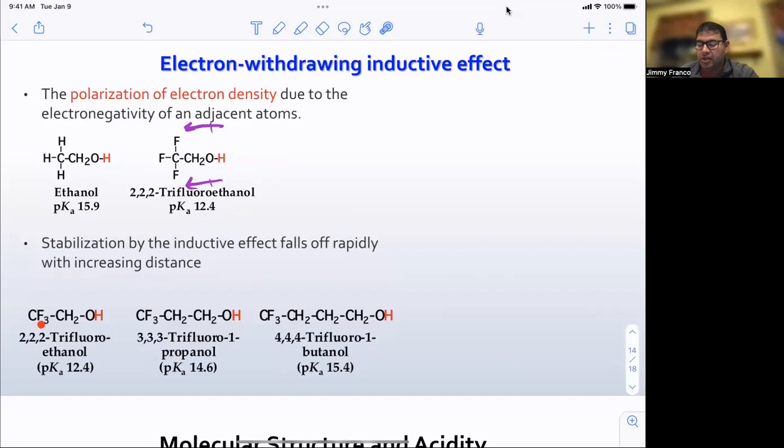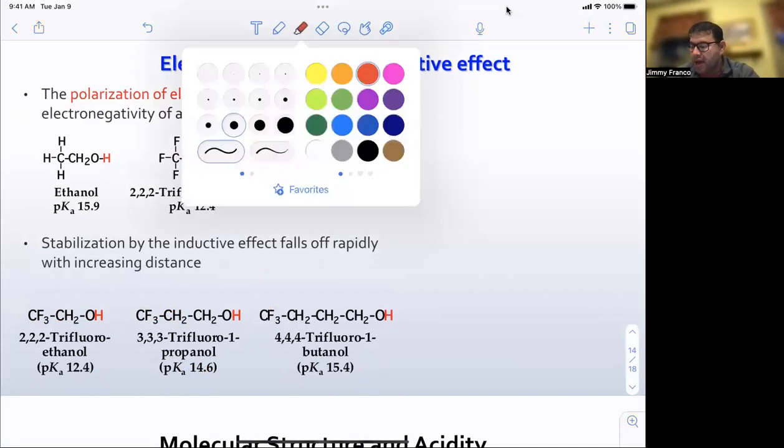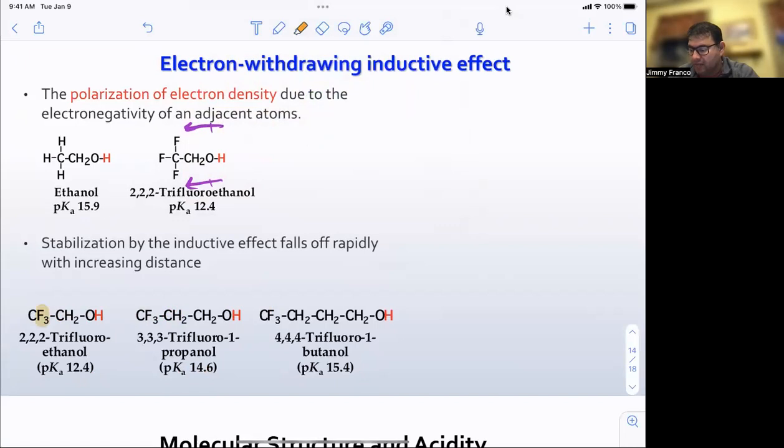So if you have your fluorines here, it's pretty close to that proton that we're giving up, and it makes a difference. If you notice, we're inserting an extra CH2 in between the two. The further away it gets from that acidic proton, the less and less it helps. You can see that as we keep moving these fluorine groups back, and let me just highlight them, we're moving them further away from that acidic alcohol.